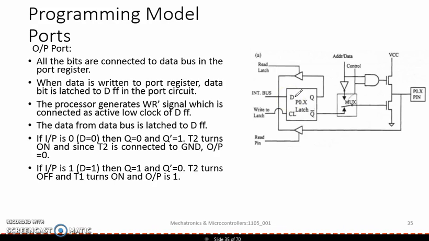If input is 0, D is equal to 0, then Q is equal to 0, Q bar is equal to 1, which turns T2 on. And since T2 is connected to ground, output will be 0. If input is 1, that is D is equal to 1, then Q is equal to 1, Q bar is equal to 0. T2 will be turned off and T1 is turned on. Therefore, you find output is equal to 1.